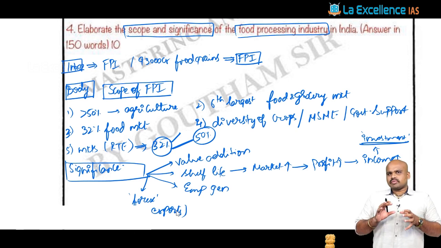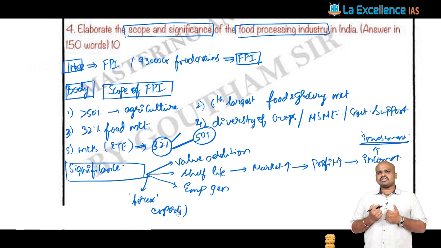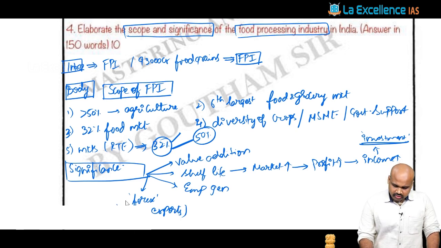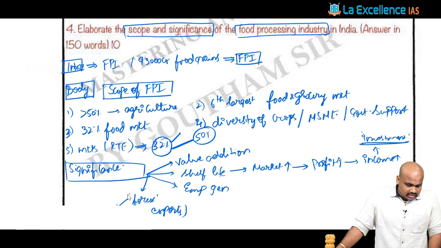With the onset of the food processing industry and the value addition or processing involved, it would provide an impetus for agri exports to happen, and the foreign exchange would improve. That is another significance.